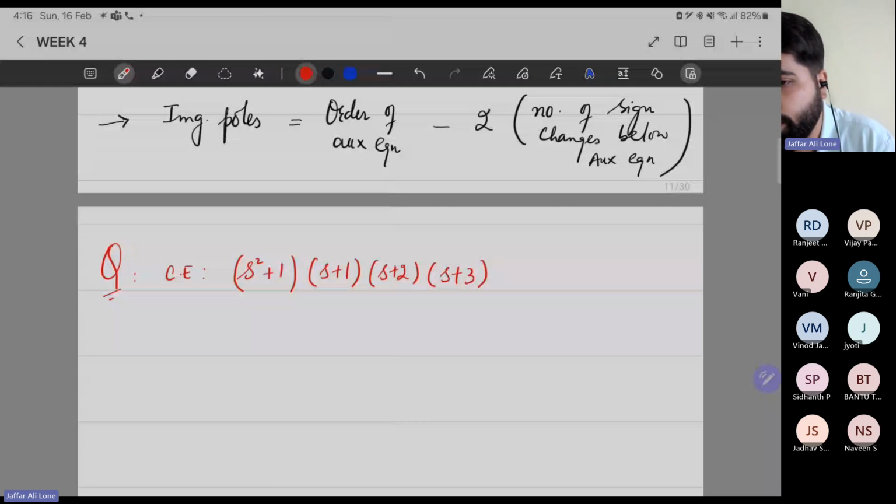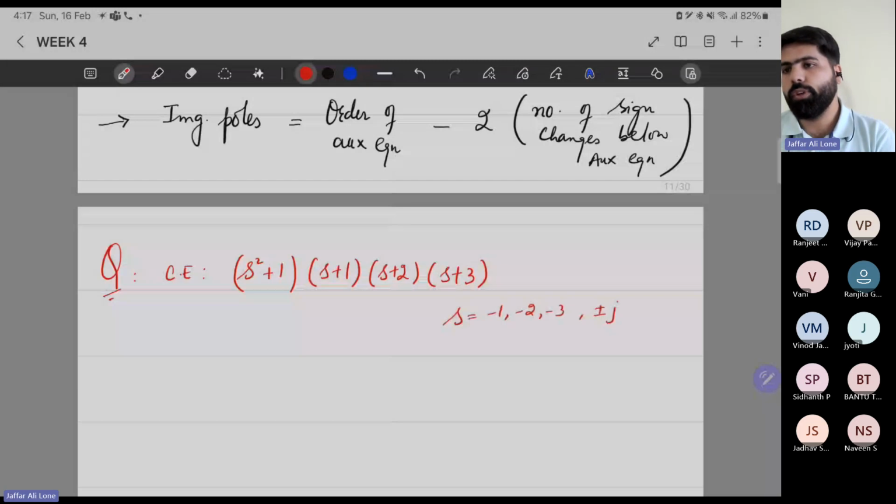So we have 5 poles, out of which we have 3 poles in the left half plane, right? And we also know that we have a pair of conjugate roots on the imaginary axis. From this expression, it's easy to visualize. For example, we have s equal to -1, -2, -3, and plus minus j, right? So we know that we have a pair of poles on the imaginary axis.